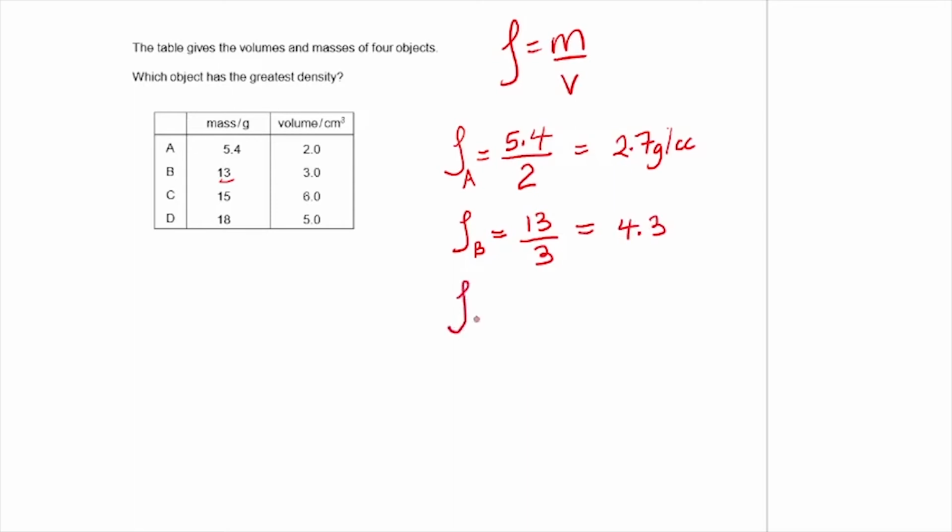The density of C is given by the mass, which is 15, divided by the volume, which is 6, and we end up with 2.5. Then the density of D is 18 divided by 5, which gives 3.6. All these are in grams per cc.